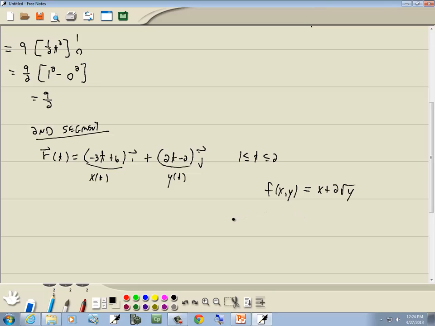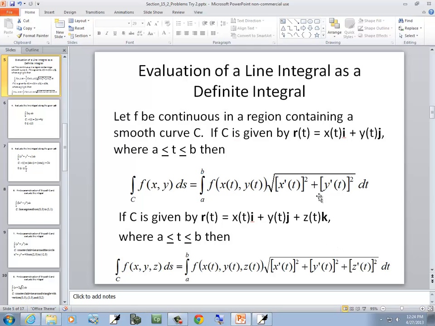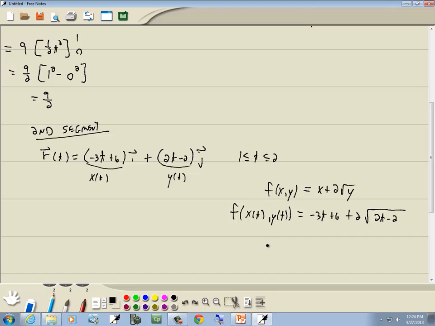So f of x of t, y of t is going to equal negative 3t plus 6 plus 2 square root of 2t minus 2. Not a whole lot of simplifying I can do there. We also need x prime, y prime for our formulas. Well, the derivative of this is negative 3. y prime, derivative of 2t minus 2 is 2.